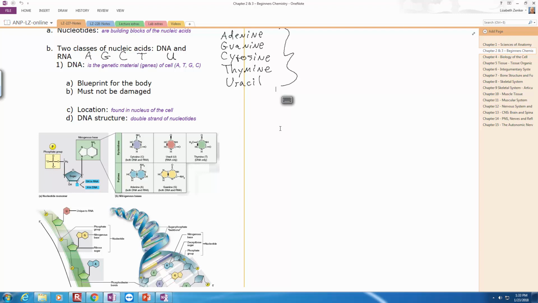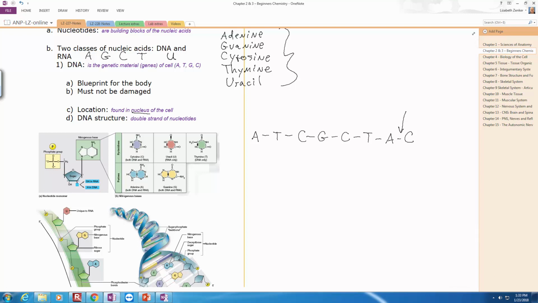So let's see. And the nucleus of the cell is your control center, right? So we have it nicely protected in the nucleus. And we said it's double-stranded. So, for example, if I were to write out a DNA structure, let's say we have A, T, C, G, C, T, A, C. So what kind of bond are between the nucleotides?